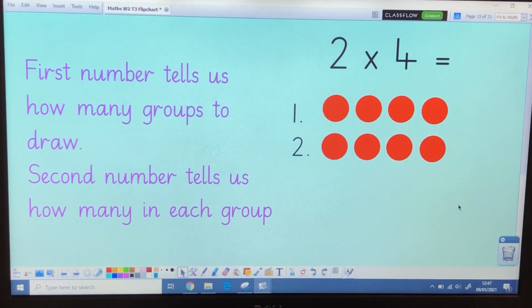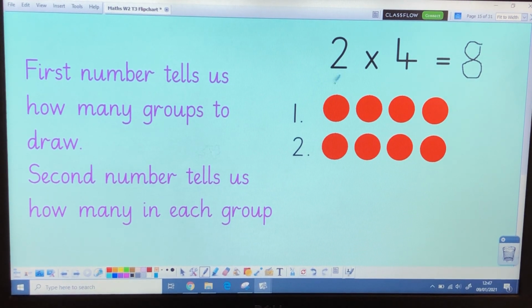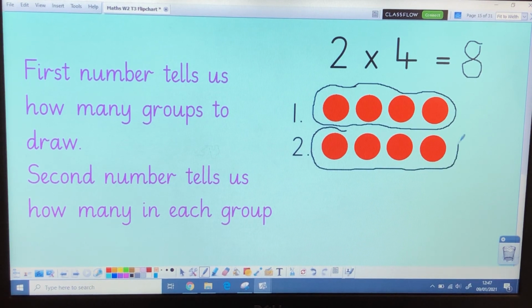Now if we want to solve the answer, all we need to do is count them up all together. So should we do that? 1, 2, 3, 4, 5, 6, 7, 8. So my answer is 8. And here are my 2 groups of 4. We've got 2 times 4 equals 8.